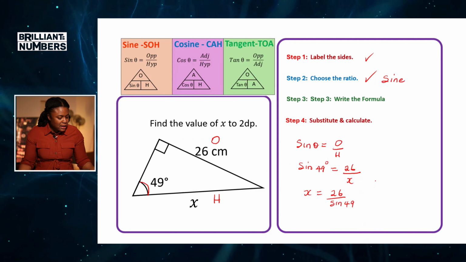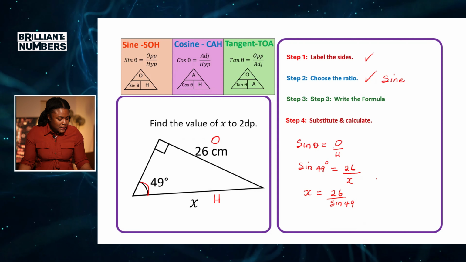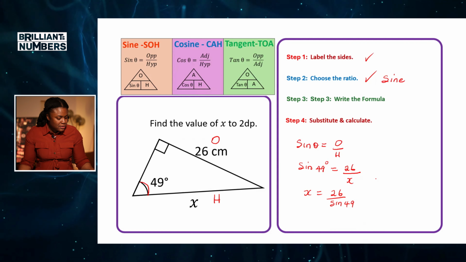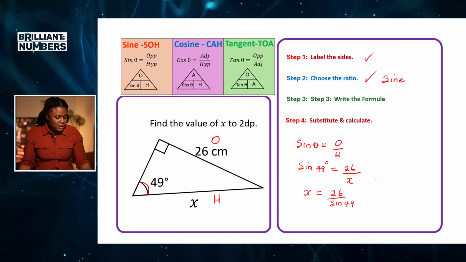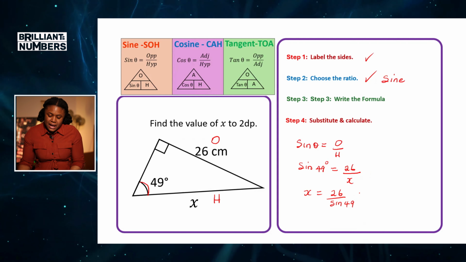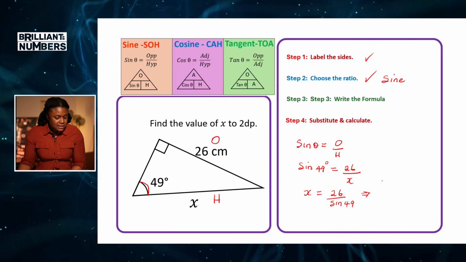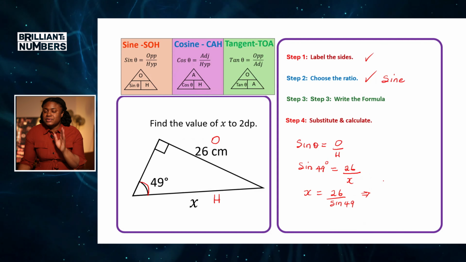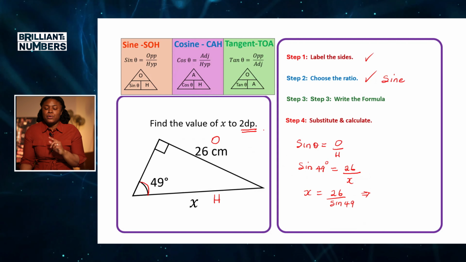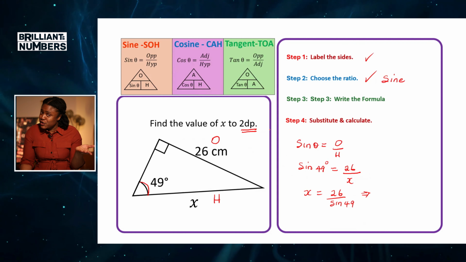We'll put that in our calculator. So I'm going to do 26, put that first, then divided by sine 49. Close my bracket, press equal. I'm going to write my answer first to 3 decimal places, and then I'm going to round it to the degree of accuracy the question has asked me. Notice at this point, I go back, check my degree of accuracy, underline that to give myself a focus.